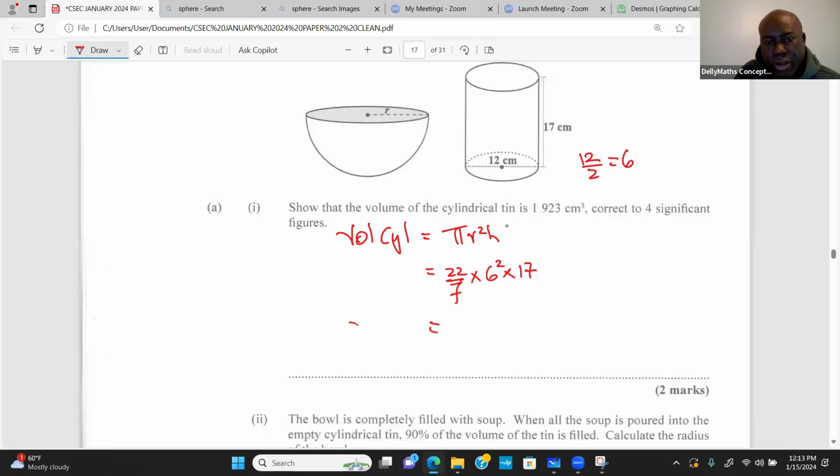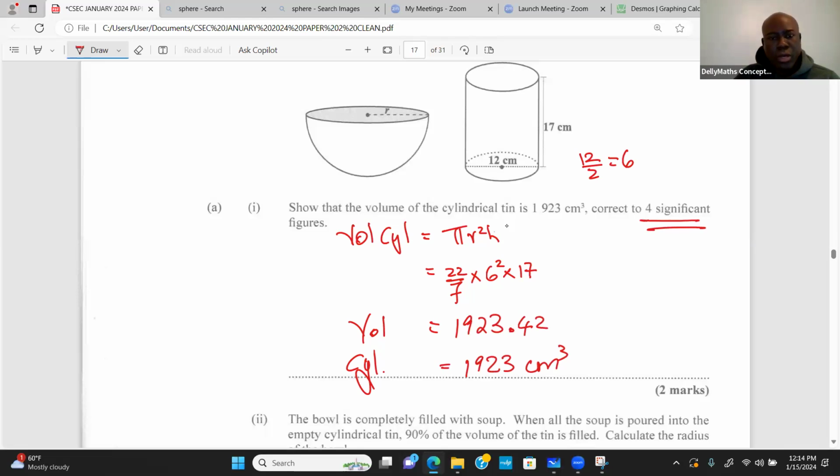We carry out this, and we're going to have the volume of the cylindrical tin, all right? So let's work out our maths. So I'm getting 1,923.42. But they did say to 4 significant figures, which is going to be equal to 1,923 cube cm. So right there, we just proved what they said.